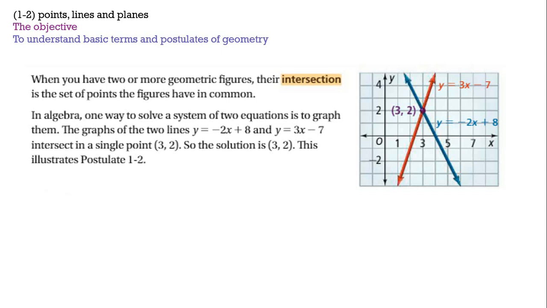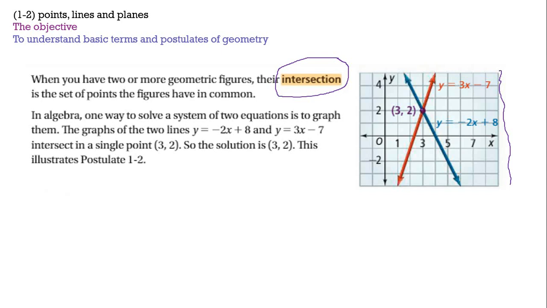Now, intersection. What is the meaning of intersection? When you have two or more geometric figures that intersect, their intersection is the set of points the figures have in common. We discussed something like that in grade 8. Once we solved a system and the lines intersected in one point, that was the solution.